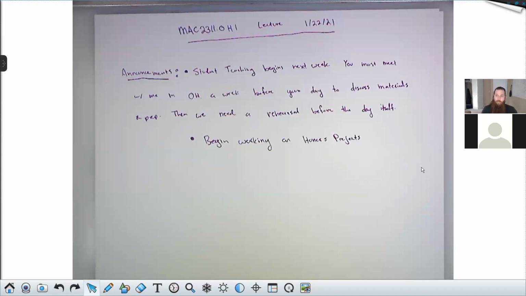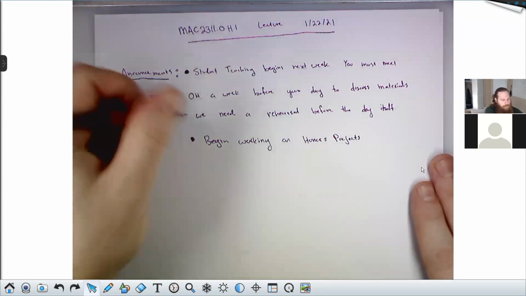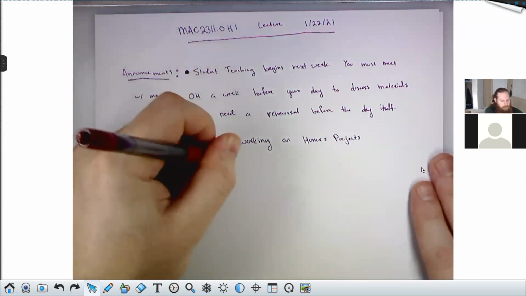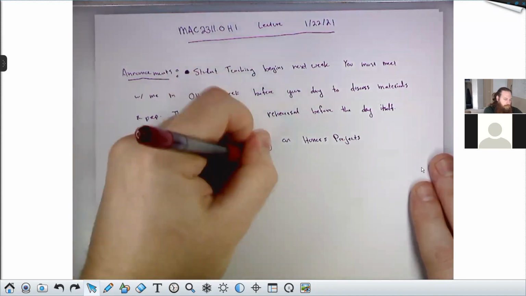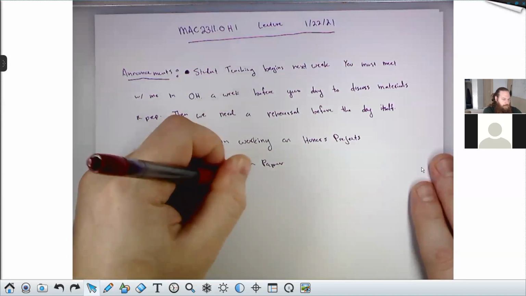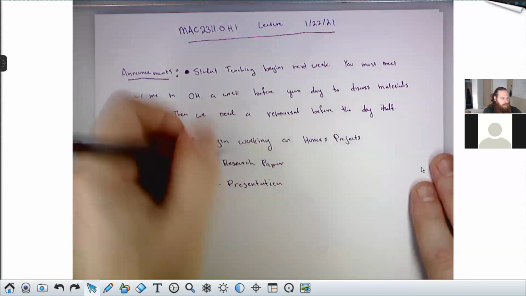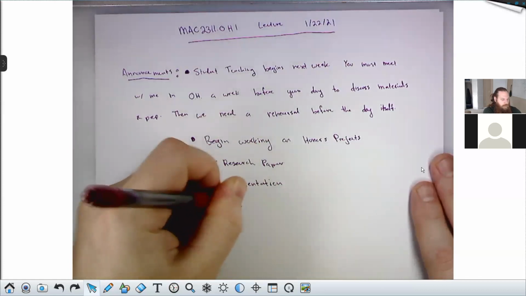I recommend writing the paper first, right? Write the paper and then build your presentation around that paper. Your presentation will be essentially you discussing the things that you discuss in your paper. So I'd do them in this order: research paper, presentation, and then the poster.